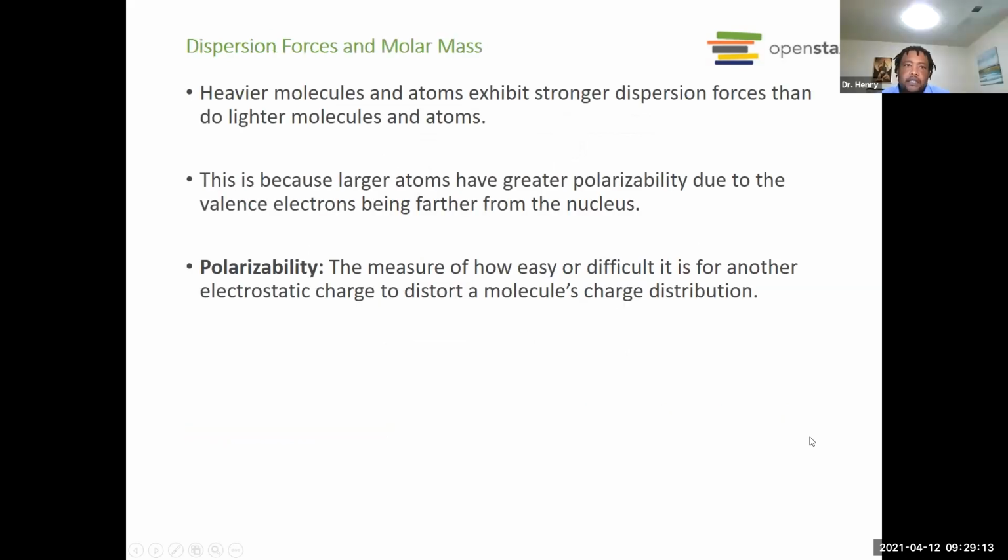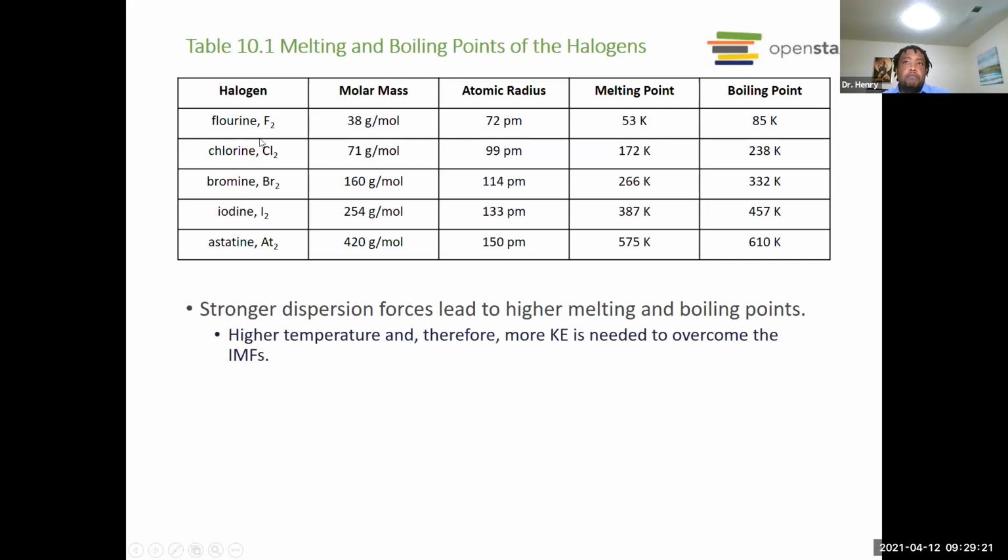Okay, so we have to understand that polarization. That polarization is going to be an essential part of it. When we're talking about our diatomic molecules, these are fluorine, chlorine, bromine. These are going to have equal sharing, and so they're going to be nonpolar molecules.